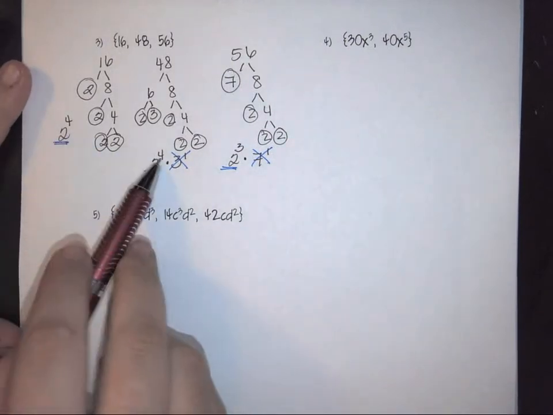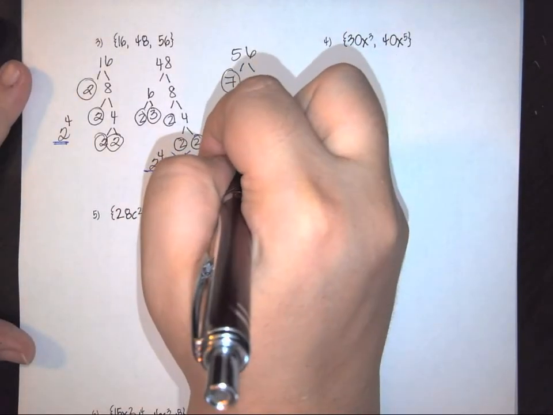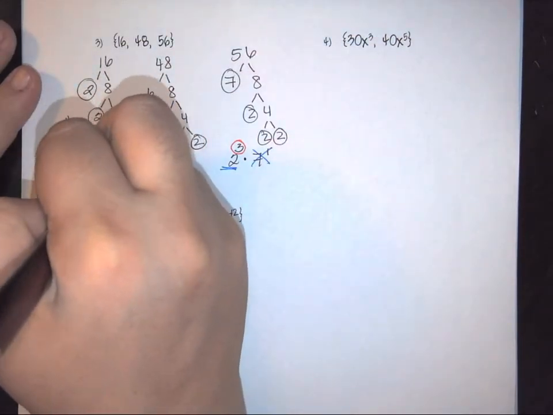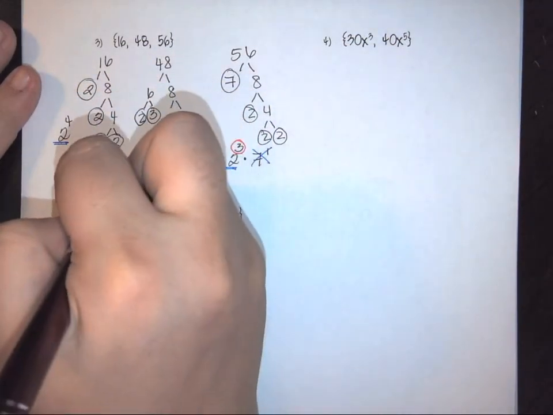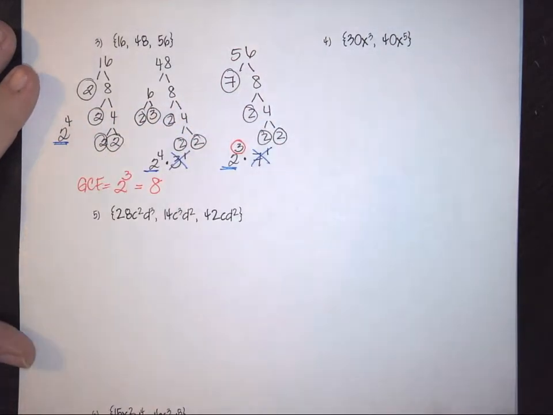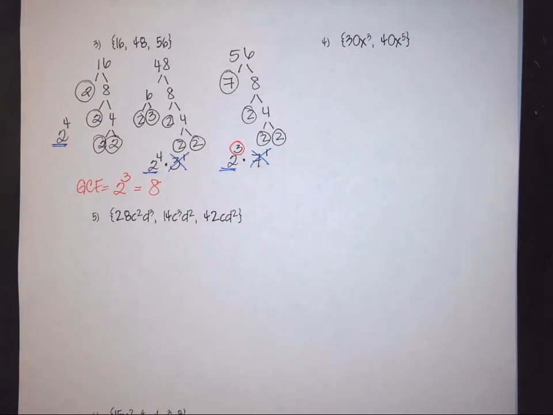I have 4, 4, and 3. 3 is going to be my smallest power, which means my GCF here is going to actually be 2 to the 3rd, which, when I do that math, gives me 8. Okay, so there again, prime factorization in order to find your result.